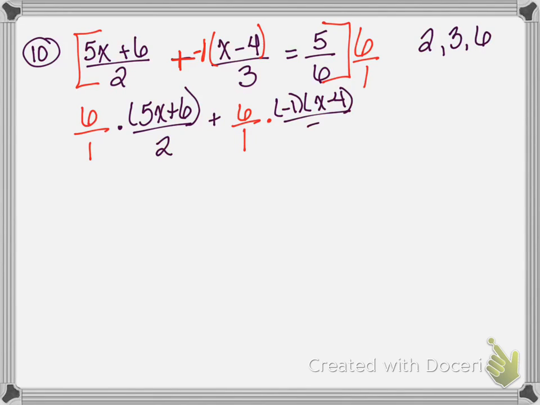And remember, some people like to go ahead and distribute that negative, and that would be fine because you would have had negative x plus 4, completely fine. Then I've got 5 over 6 times 6 over 1.